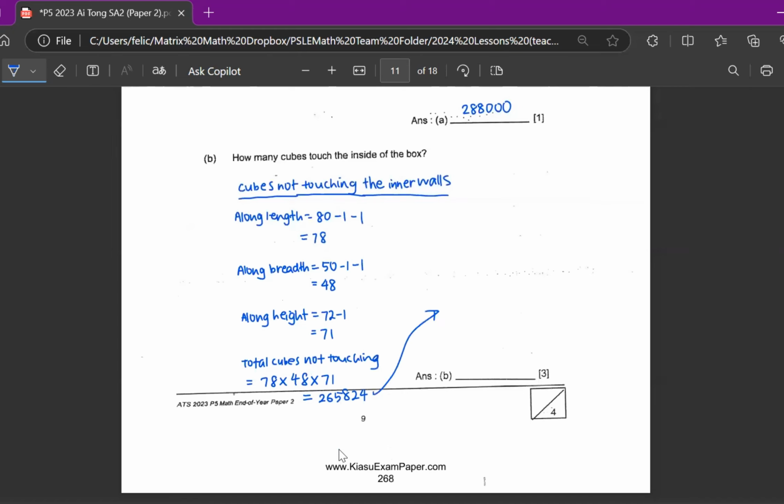So I'm just going to continue from here. So cubes that touch the inner walls will simply be 288,000 minus those that are not touching.